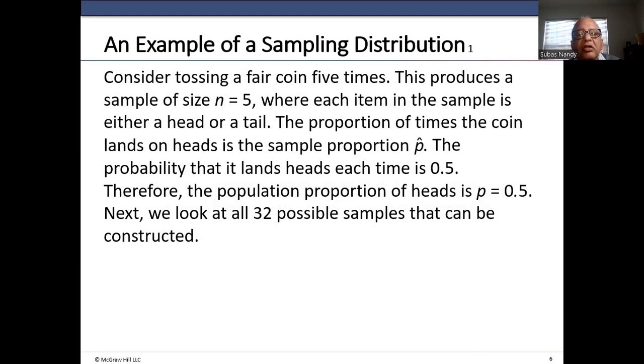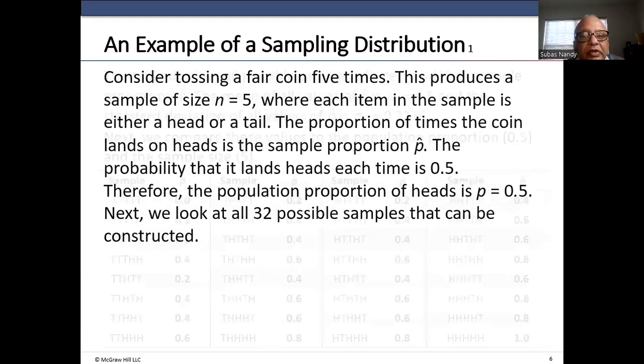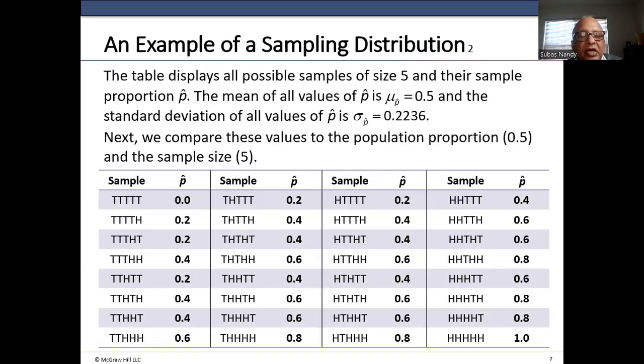Next, we look at all 32 possible samples that can be constructed. Why 32? Because we are tossing the coin 5 times and not every time are we going to get heads. So these are the 32 possibilities. For example, look at the first one on the top left corner, T, T, T, T, T. That means in all 5 tosses, we got tails and no heads.